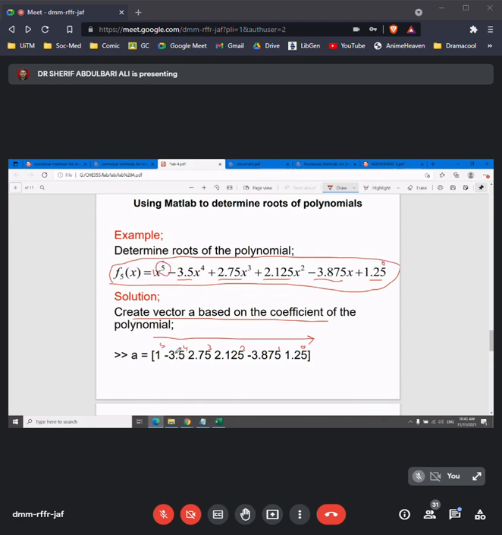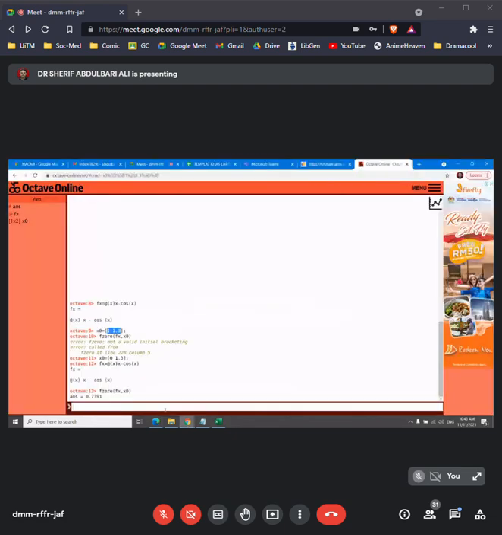If you put your values into that form, MATLAB will know that this is your order for the polynomial. So let's represent our polynomial in MATLAB. Let me clear this. My polynomial name here is A. Okay, so I represented my polynomial A.